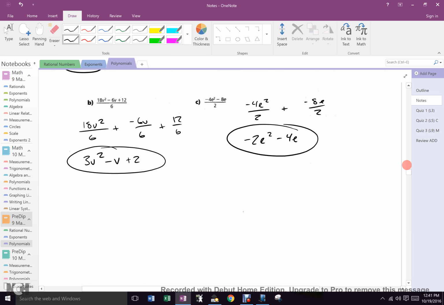Does it matter how big the numbers get? No. You follow the same rules. What if, don't turn your pages away yet, what if I have this?